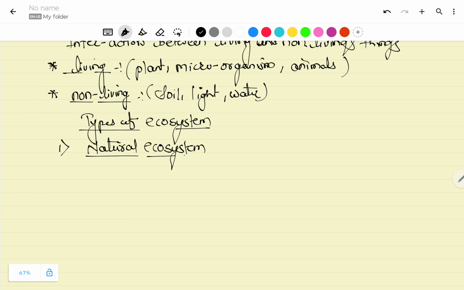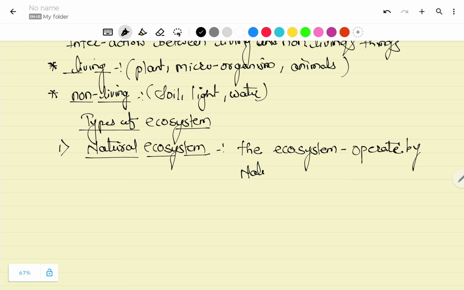The ecosystem operated by nature is called the natural ecosystem.